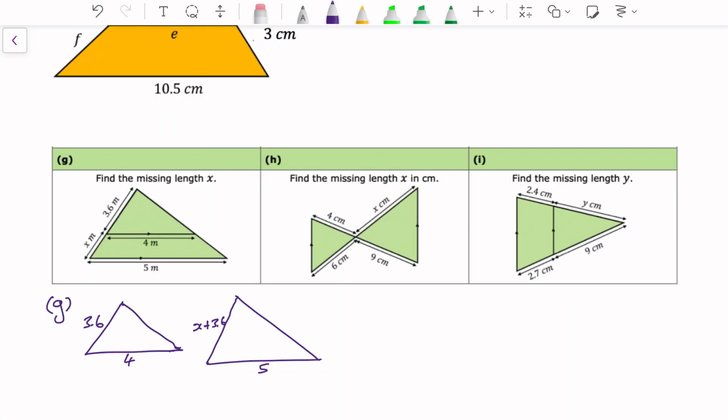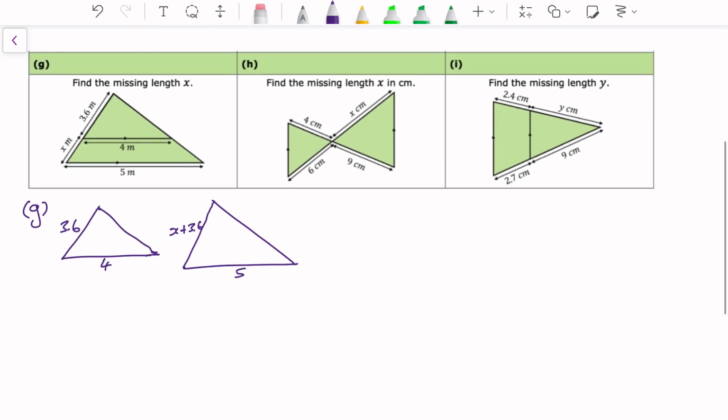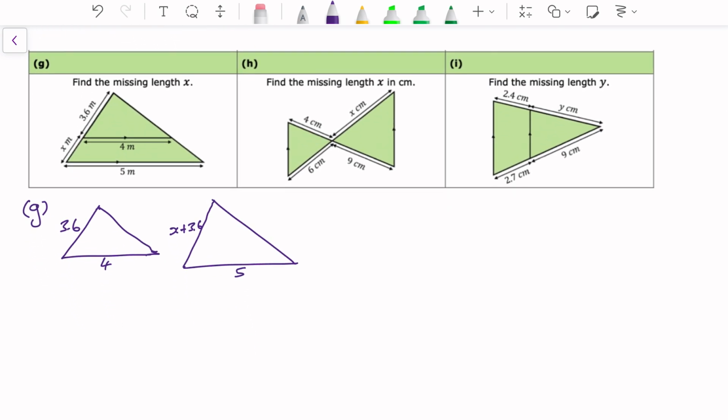Okay, so next question is this one called G. And we've drawn the two triangles there, the smaller one on the left, bigger one on the right. As you can see, x plus 3.6 is the length of that side there. So once again, put the unknown at the top. So we have x plus 3.6 over 3.6 is equal to 5 over 4.